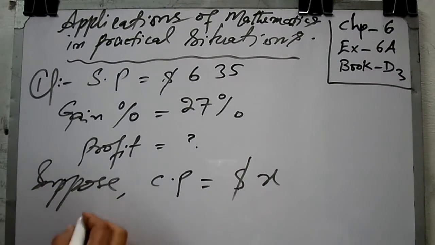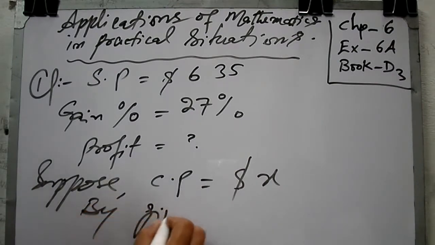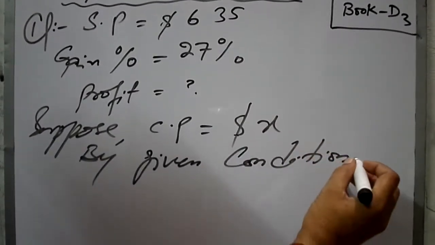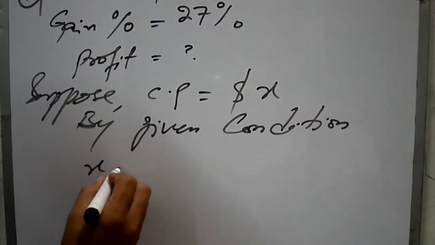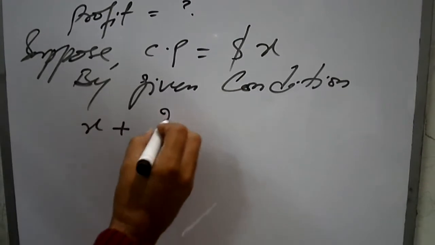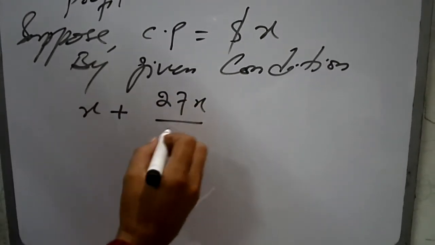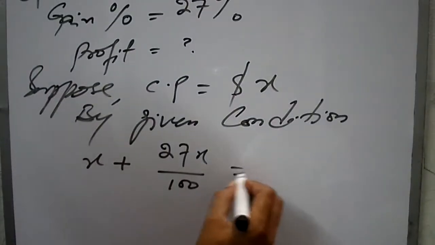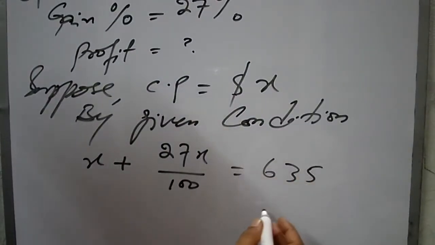So by given conditions, X plus 27X by 100, because 27% means 27 by 100, is equal to $635.